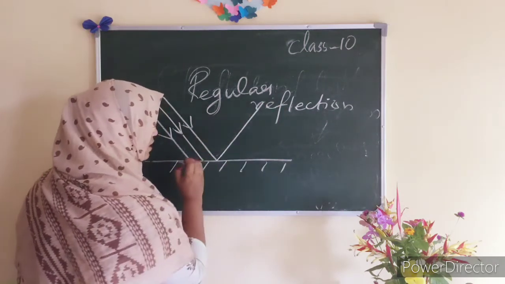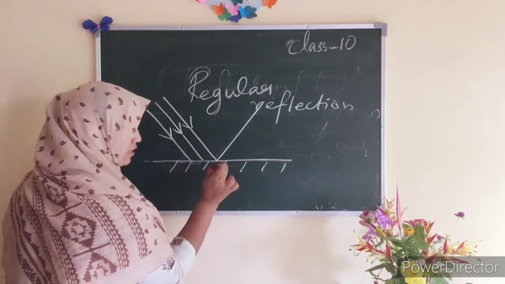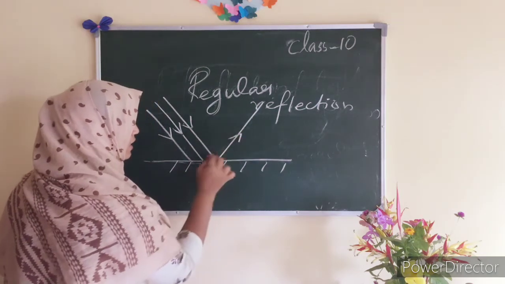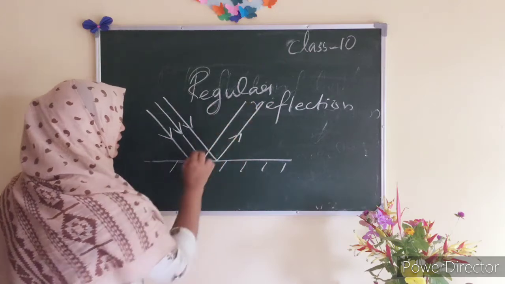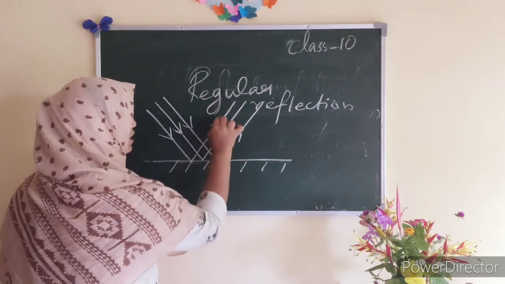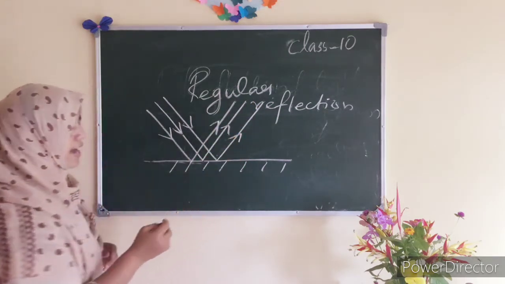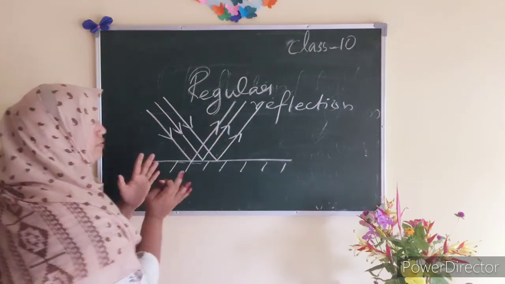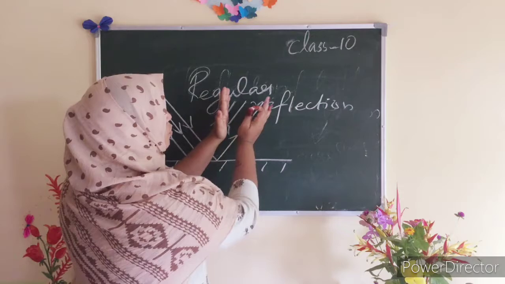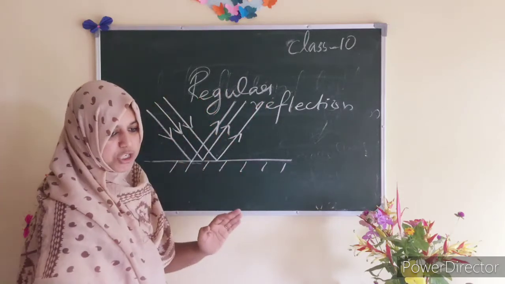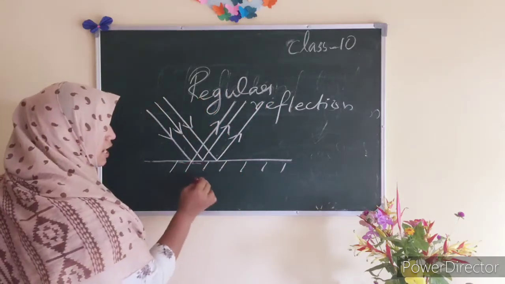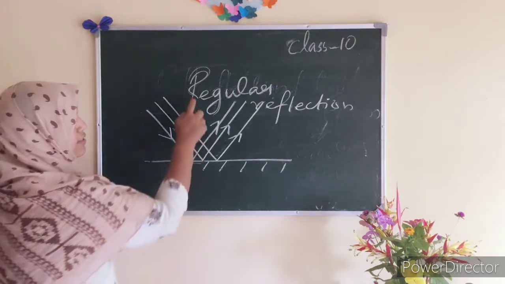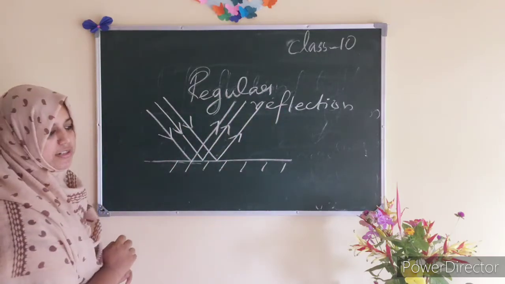Then after striking this reflector, each ray returns back in a parallel way, and all these beams are moving in a fixed direction. Such type of reflection is known as regular reflection.